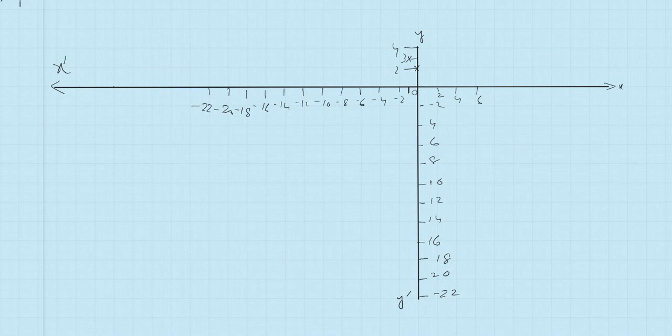Then 1 and minus 1: x 1, y minus 1. So this is x 1 and this is y minus 1. Similarly, x 3, y minus 13. So this is x 3 and this is y minus 13.